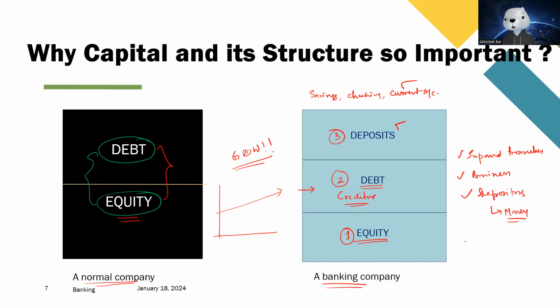So initially, when the bank perhaps had started, the equity provider had put in $100. The debt provider would have put in $200. Altogether, the bank started its operation with $300.